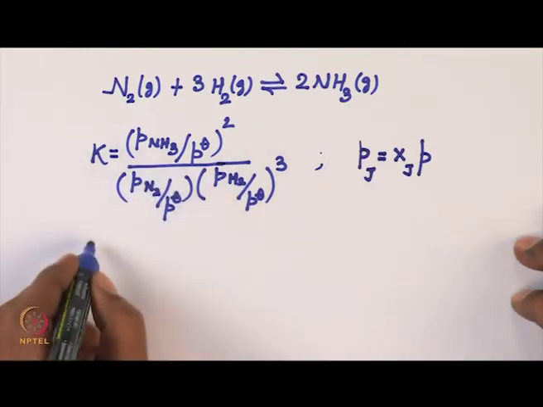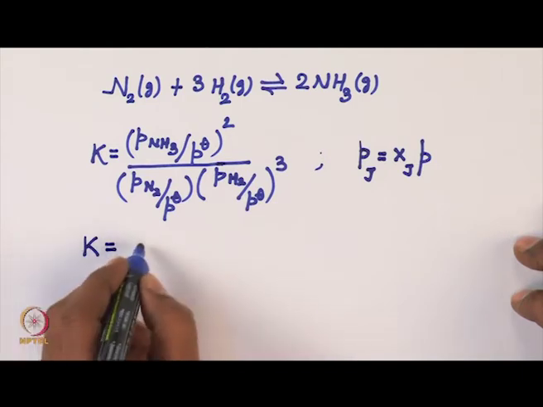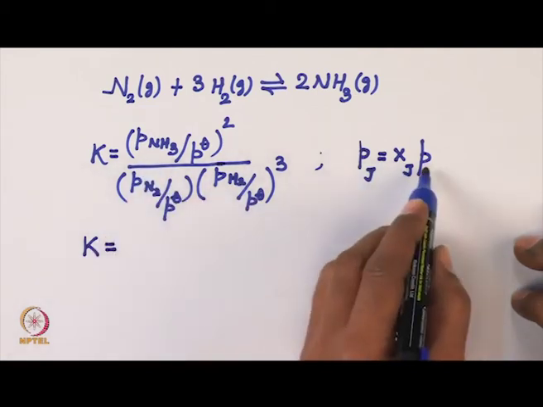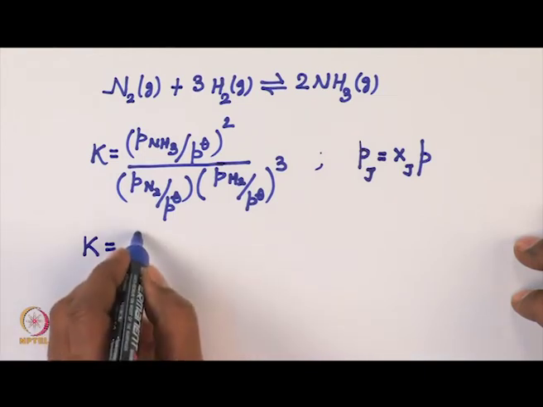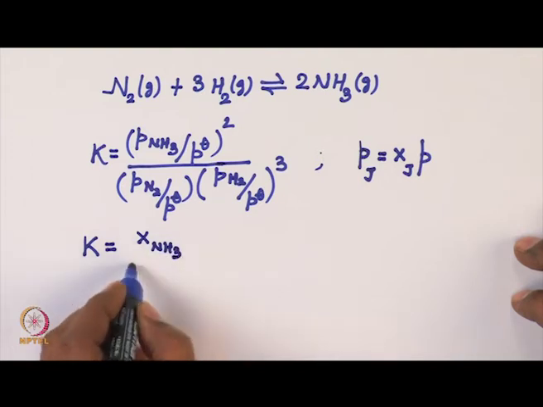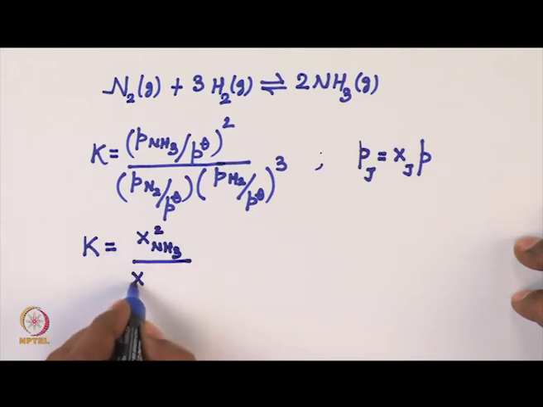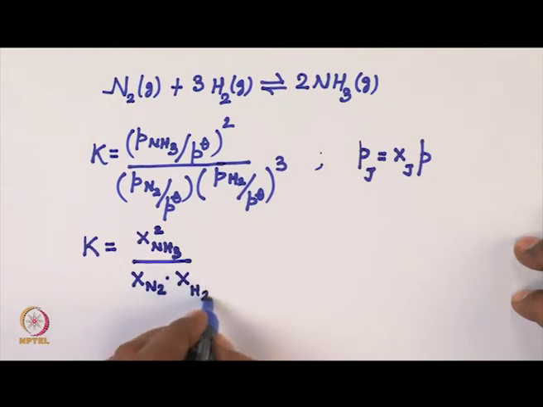We will use this information over here, and what we will have is, once you put, instead of P, mole fraction into the total pressure, I will have mole fraction of ammonia raised to the power 2 over mole fraction of nitrogen into mole fraction of hydrogen raised to the power 3, and pressure term is also there.